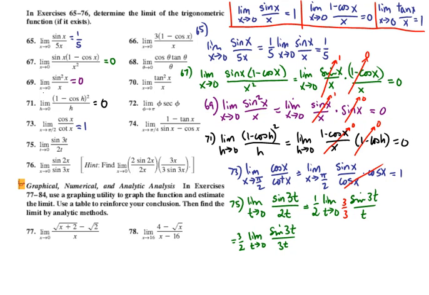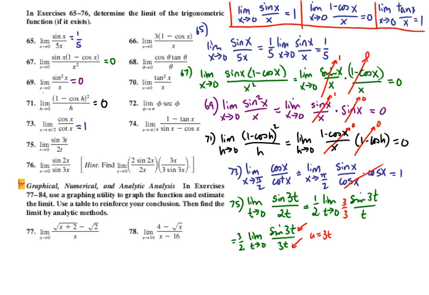Now this is explained in a number of different ways, but I'll just try to put it in as simple terms as possible. As long as we have the limit as t approaches 0 of sine of 3t over 3t, then that is basically the same idea as sine of t over t. Some people have explained it this way.